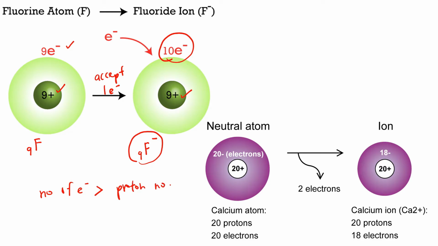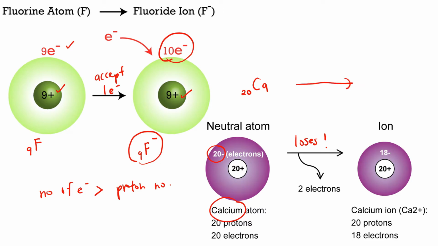Okay, the next example will be the calcium atom. The neutral calcium atom has 20 protons and also 20 electrons. After the calcium loses or donates electrons, how many electrons are lost? 2 electrons are lost from the calcium atom.